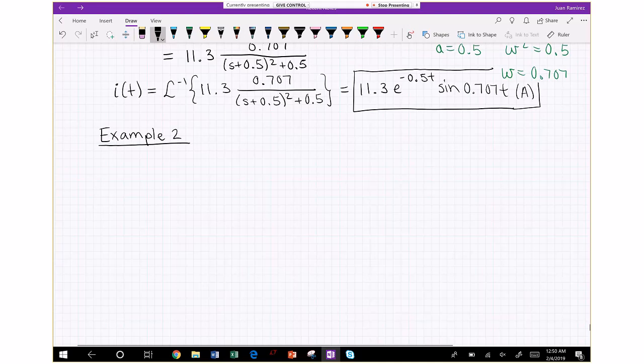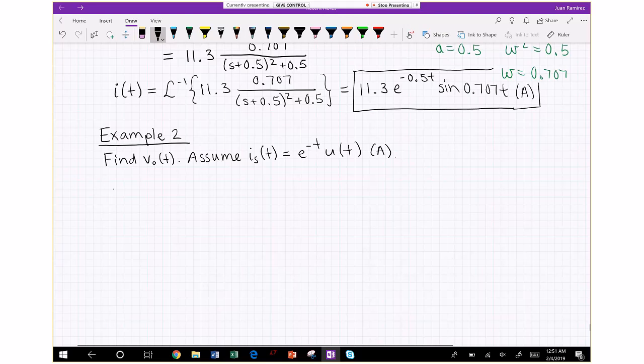Alright, so let's look at the circuit that we'll draw below and use Laplace analysis to find the output voltage. We're going to assume the input current is equal to e to the negative t u of t in amps.